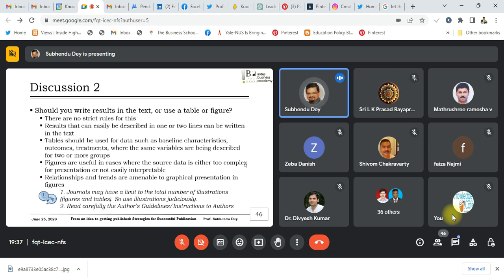So my tip here is, please read the instructions to authors or the author's guidelines in a very focused manner, absolutely seriously. If you've overlooked that, it's an extremely good idea to read the author's guidelines very carefully.